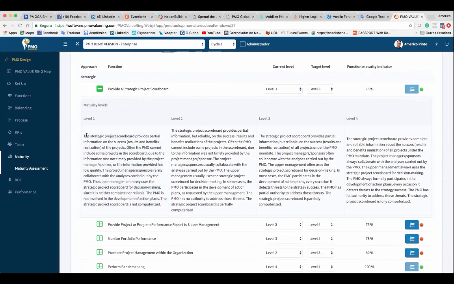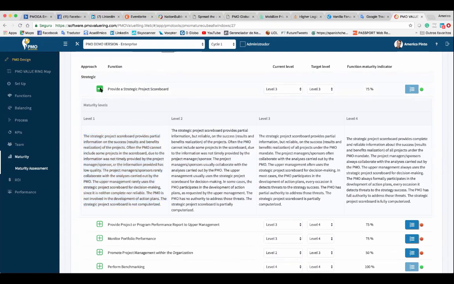You will read this description and say, yes, I think I'm much more like level 1 than level 2. So my level today is level 1. So that's my current level, but the reference is here. That's what you have to know to define your maturity for each function, all right?